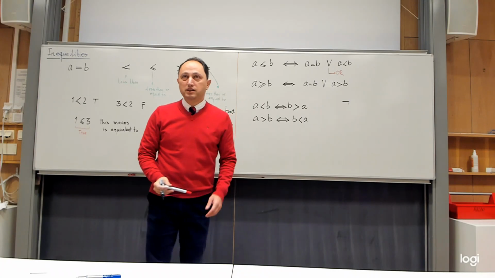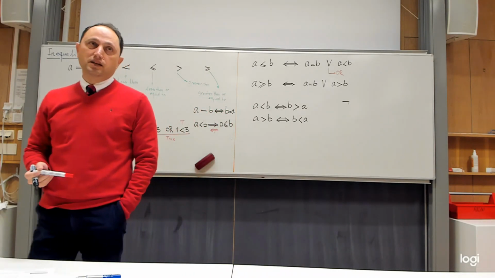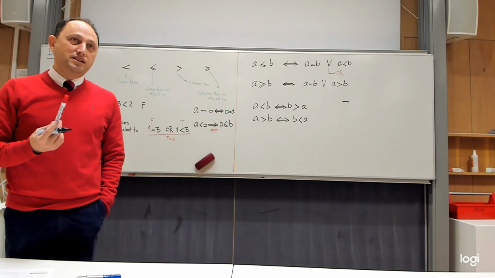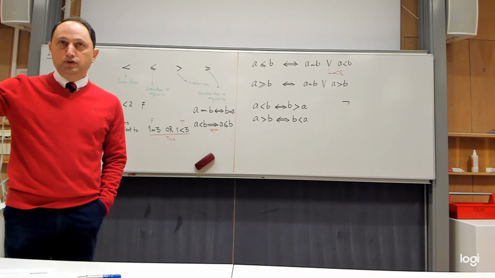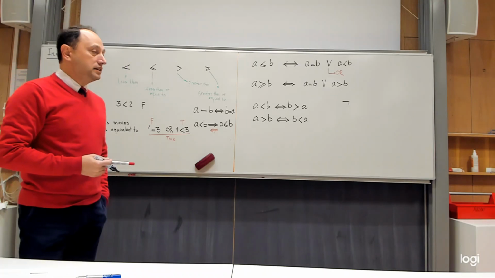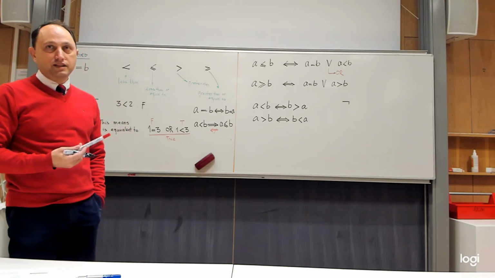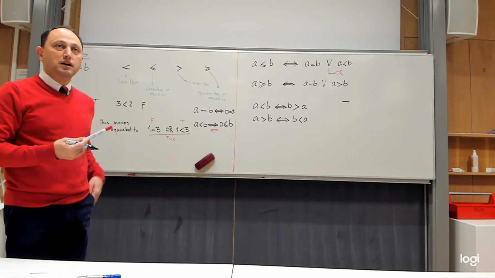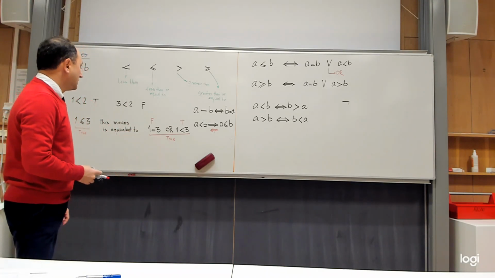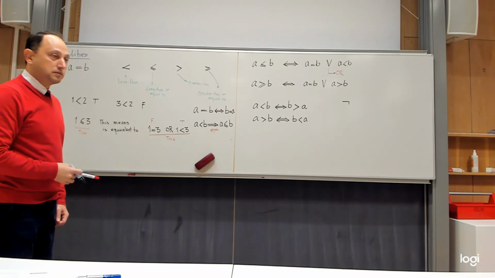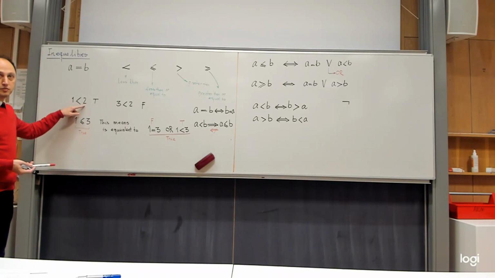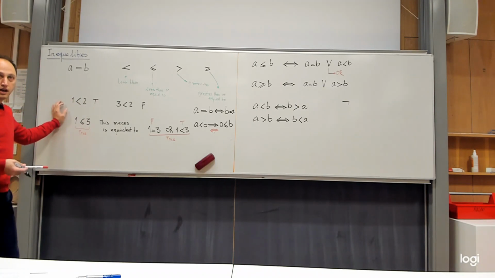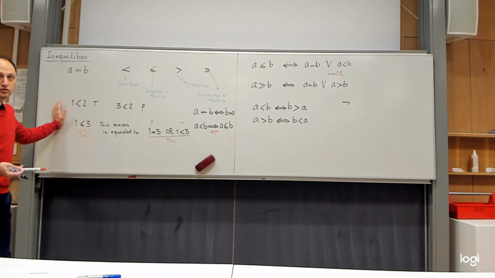Let me, by the way, describe for you what a statement is. A statement in mathematics is a declarative sentence. It declares something. You put the full stop at the end, and then it is either true or false. That is called a statement. So when I use a statement, I mean a declarative sentence which is either true or false, but not both. For example, 1 is less than 2 is a statement because I'm declaring something, and the value of this statement is either true or false.